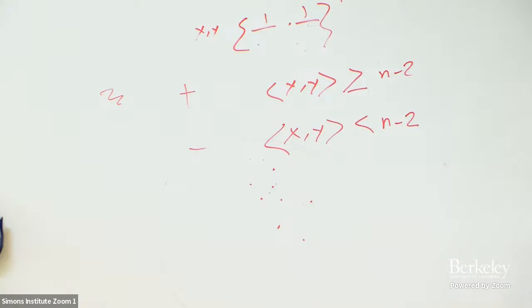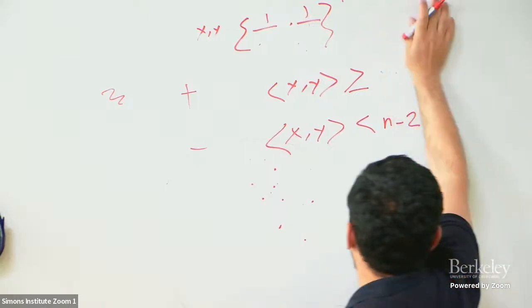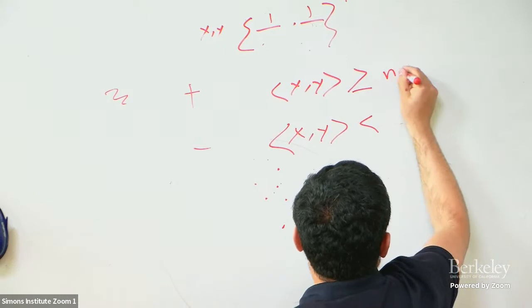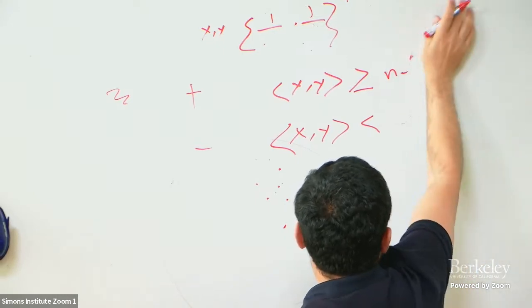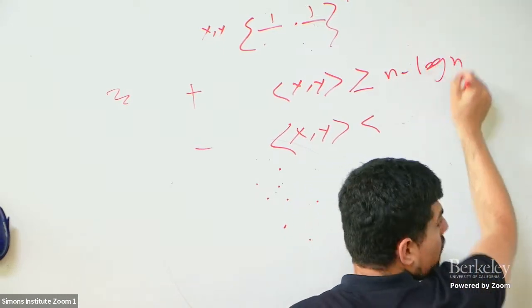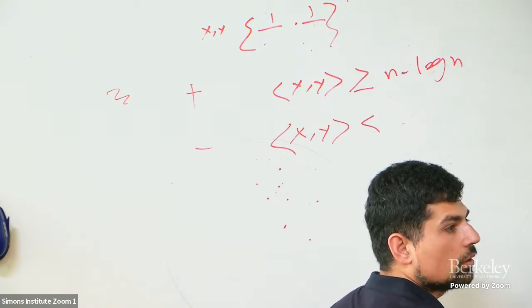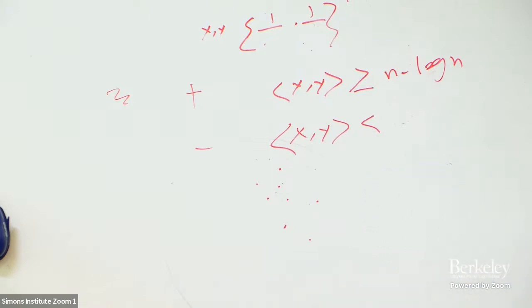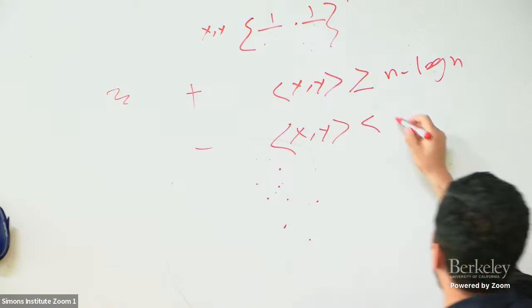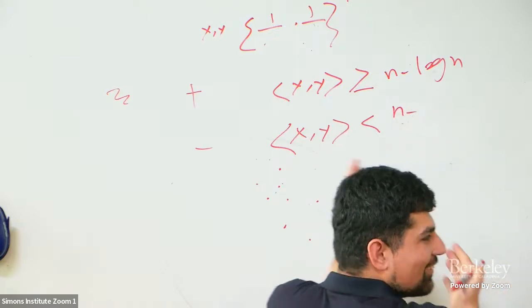But then you might say, well, that might be too hard. What if you just try to make the threshold smaller? What if the threshold is minus square root n, or n minus some constant, or log n or something?